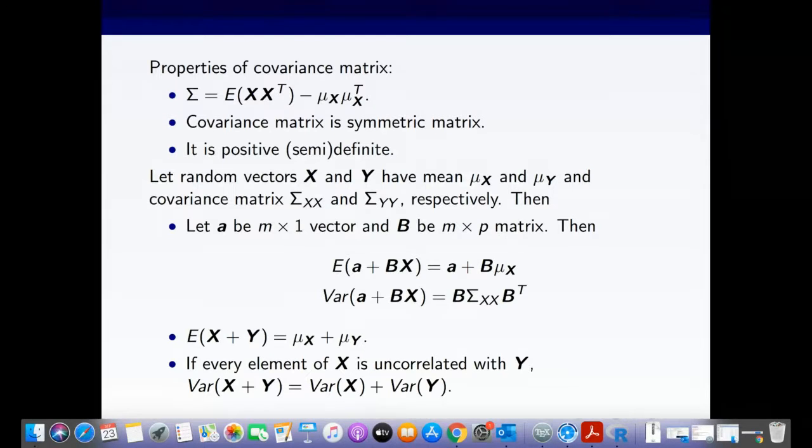And then the variance of a plus bx is b times sigma xx times b transpose.